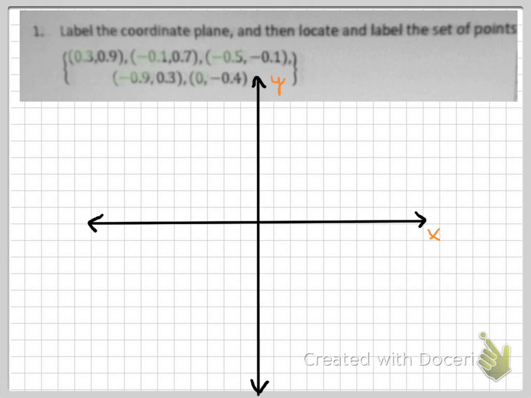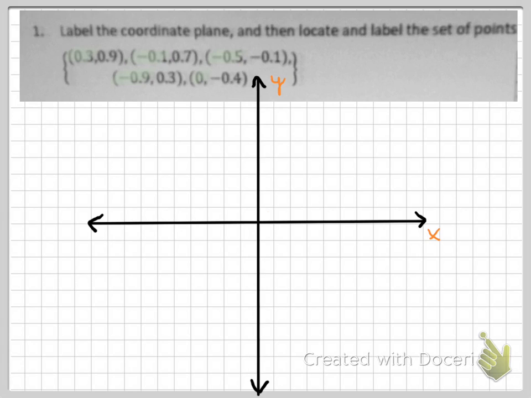So I want to space my x out on each side of the y-axis so that I can at least get a 0.9 in there. And since I have 10 spaces available, I can see that if I make each of my grid lines worth 0.1, I will get everything on there, and I'll have it spaced out as great as possible.